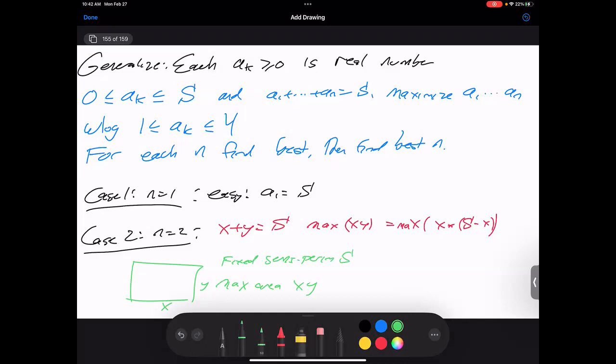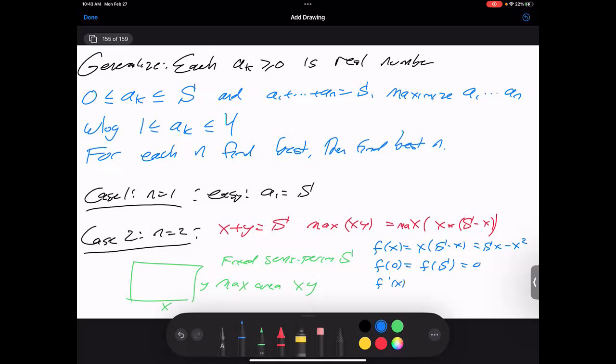It's a square. And so we could see this by saying, let's let f of x be x times (s minus x). And it turns out it's better to just expand it out. And now if I want to find where this function is maximized, I check the endpoints. f of 0 equals f of s equals 0.